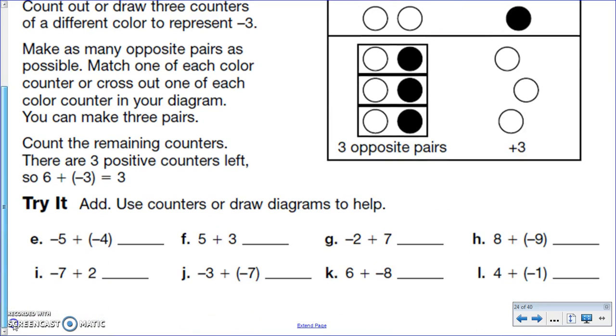Add, or use counters or draw diagrams to help. So for E, we have -5 plus -4. So we're starting negative, and we're going more negative. Right? So we're going to draw a number line down here at the bottom to help ourselves out.